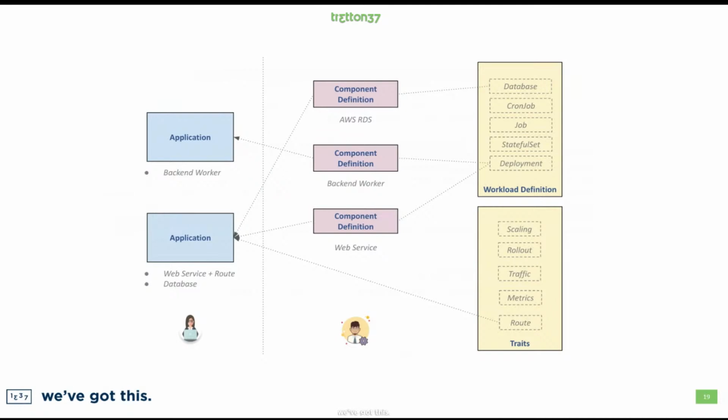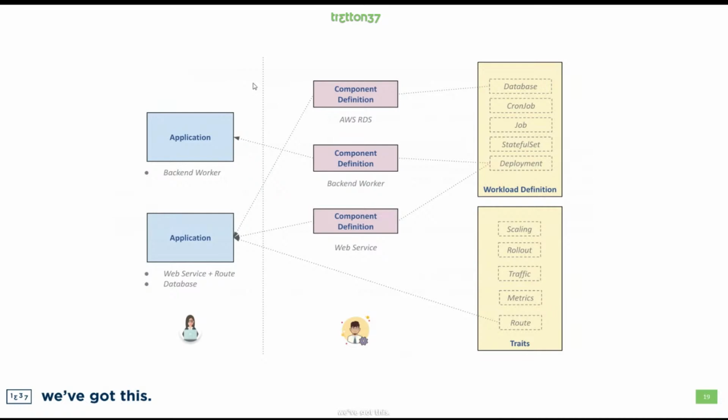So in this scenario, we have the platform and the application team, where you have definitions of what components the platform supports. And the application developer, in this case, says, I want to deploy a web service with a route and a database and a back-end worker. But as you see here, this also then ties into the requirement that the application needs an AWS RDS service, a database service.